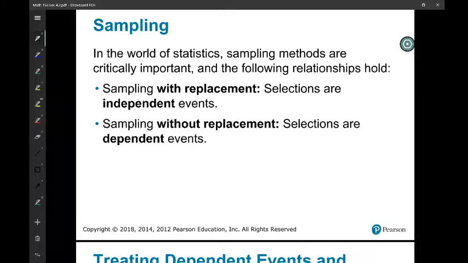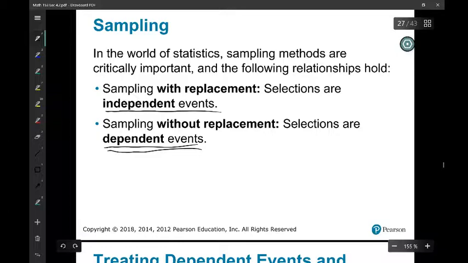So in the world of statistics, sampling methods are critically important, and we say sampling with replacement leads to independent events, and that sampling without replacement leads to dependent events. A little more complicated.